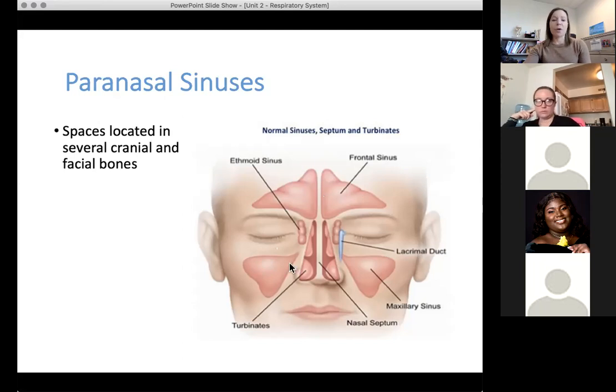So let's get to the functions of the nose and the nasal cavity. There's several. First of all, it provides an airway. It's an airway for respiration.